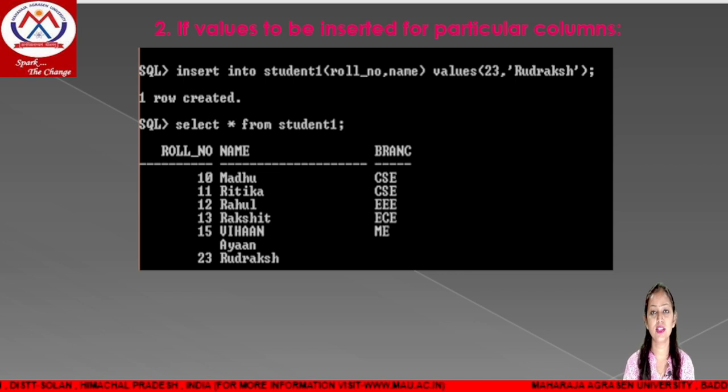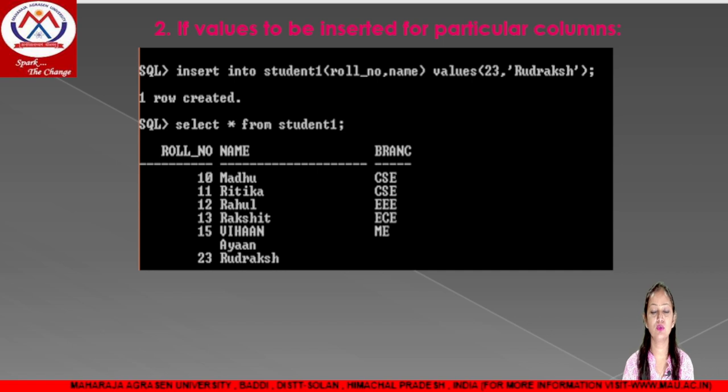So moving further towards the second method, that is if values are to be inserted for particular columns only, right? For example, let's say I want to enter the name Ayan only. Other details like roll number and branch are unknown. Then what to do?